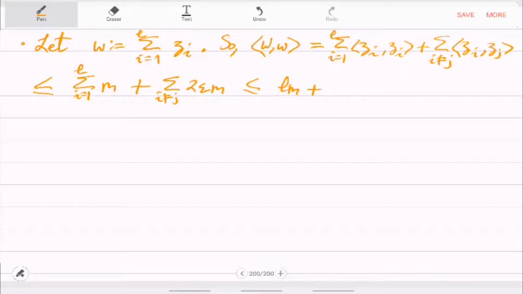Epsilon is smaller than delta square, so you get 2 delta square, and the number of ij pairs is definitely less than L square. So you get this. That's your equation 3.